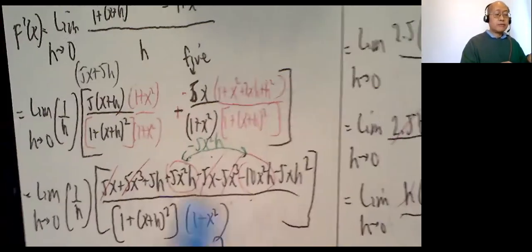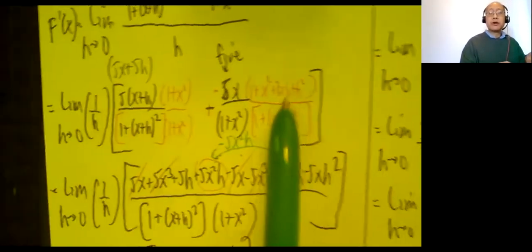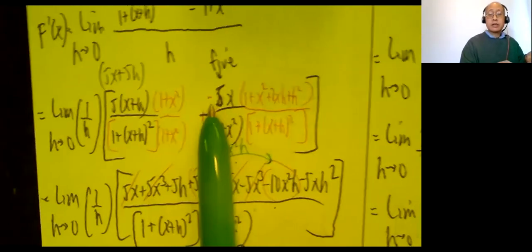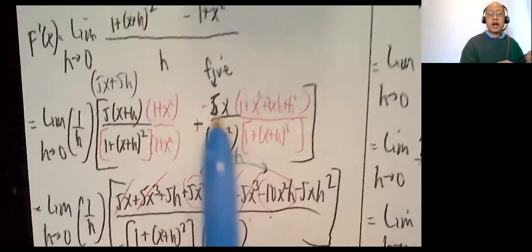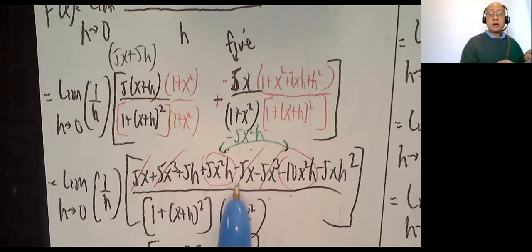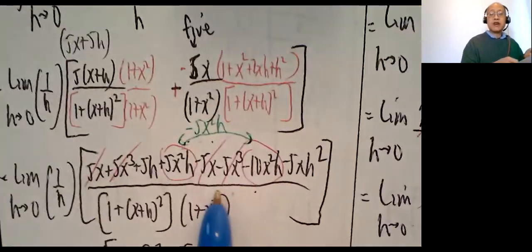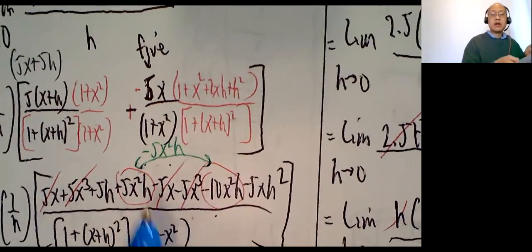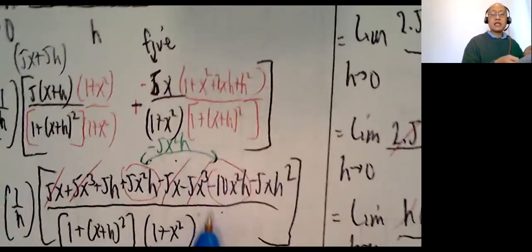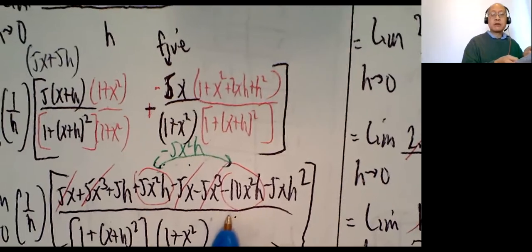And then I distribute negative 5x times these 4. They're all going to be negative, correct? Because that's a negative and these are all positive. So negative 5x times 1 is negative 5x. Negative 5x times x squared is negative 5x cubed. Negative 5x times 2xh is negative 10x squared h.